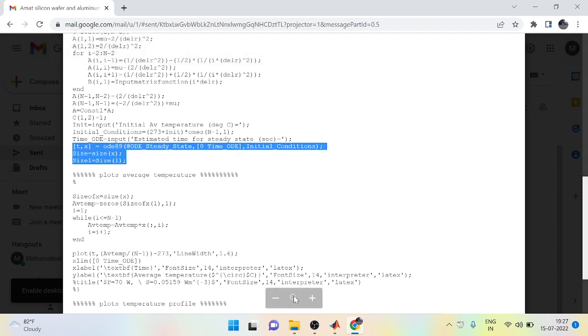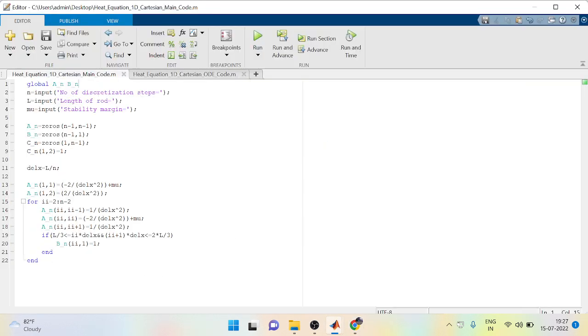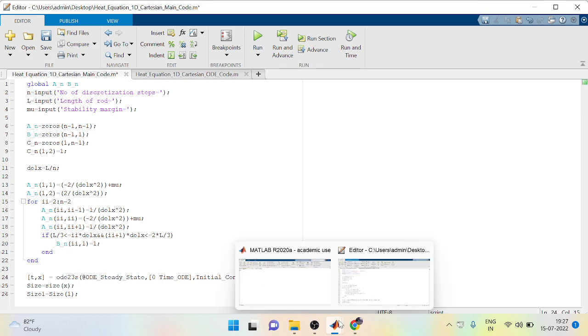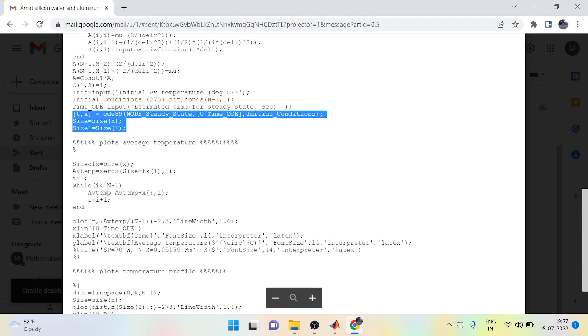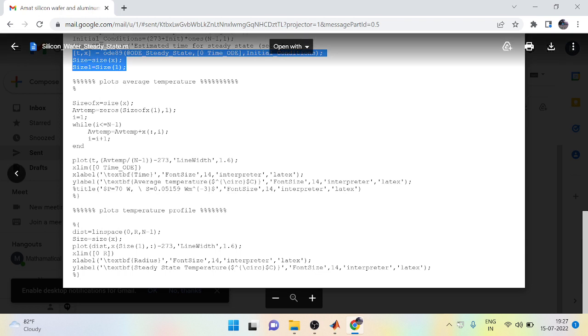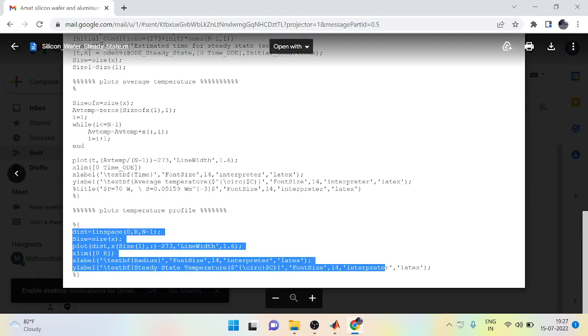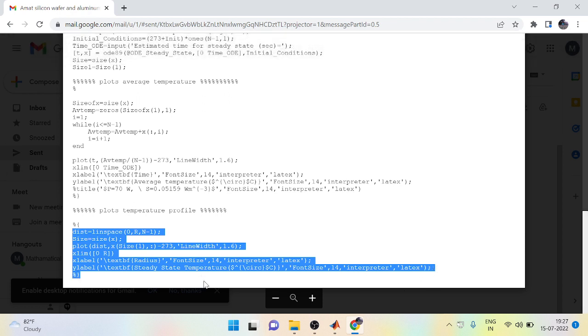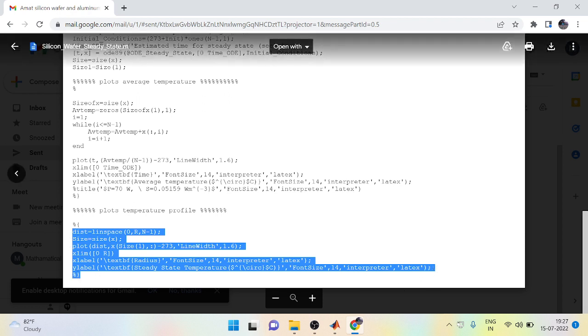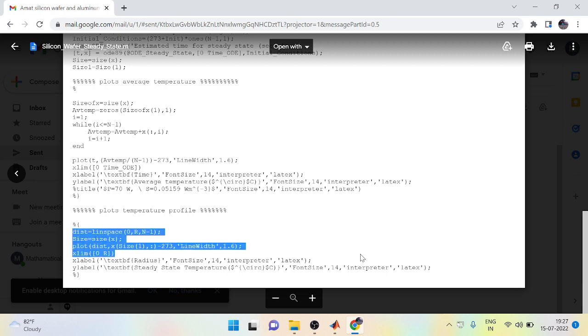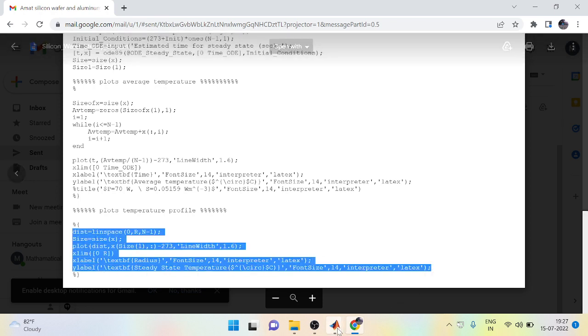I think ODE 89 might work in some versions, but it's better that you choose ODE 23s. This is the better code.